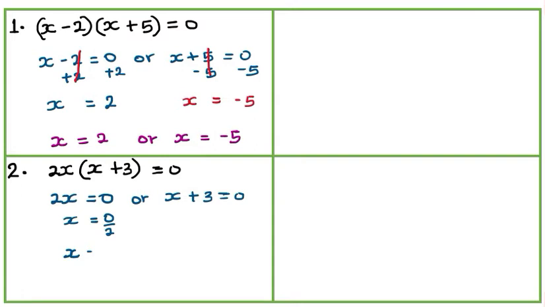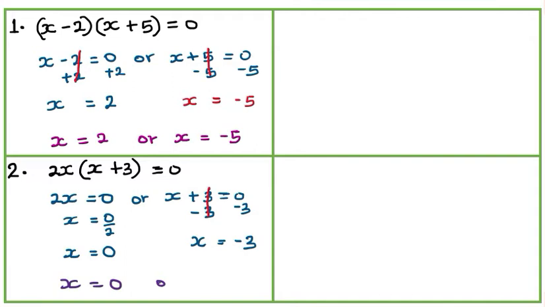And for this part, we subtract 3 from both sides, such that here we will get a 0 and we get x is equal to 0 minus 3, which is negative 3. So this means that x is equal to 0, or x is equal to negative 3.